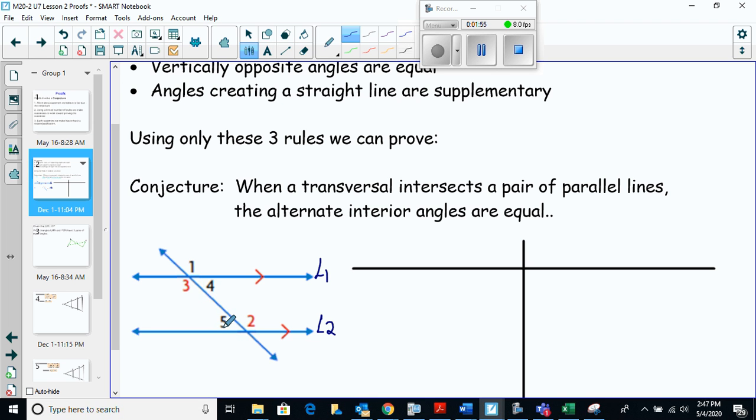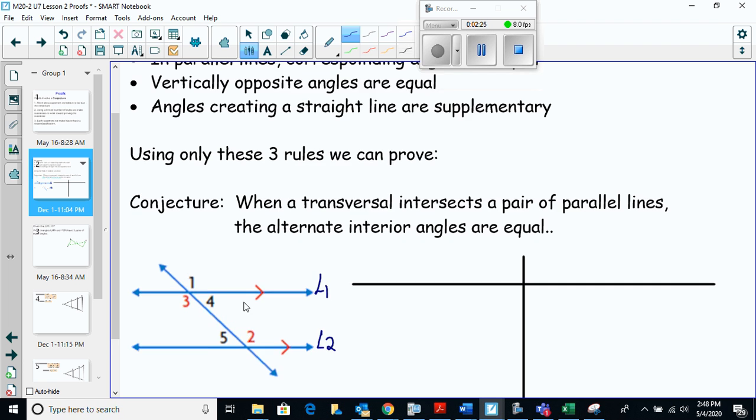So now angle 1 plus angle 4 is equal to 180 degrees, a supplementary angle. And angle 3 plus angle 4 is equal to 180, supplementary angles. Angle 2 and angle 5 are equal to 180, supplementary angles.